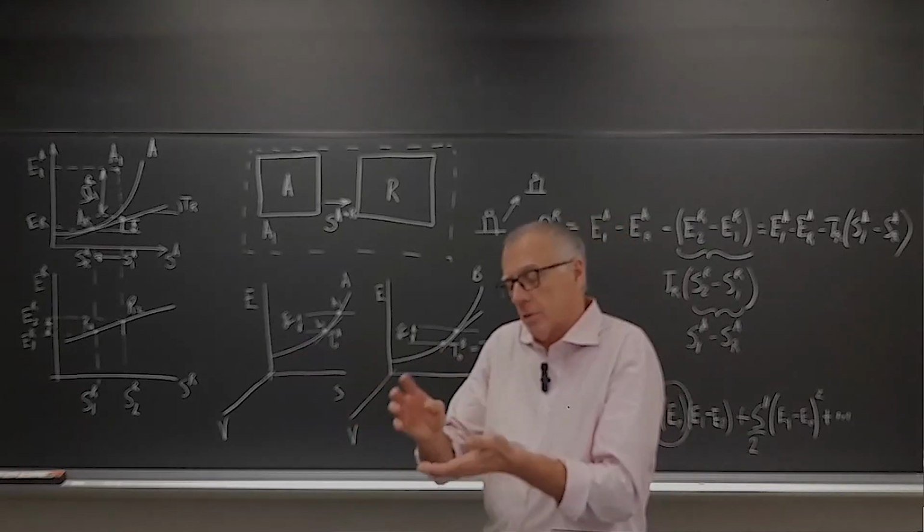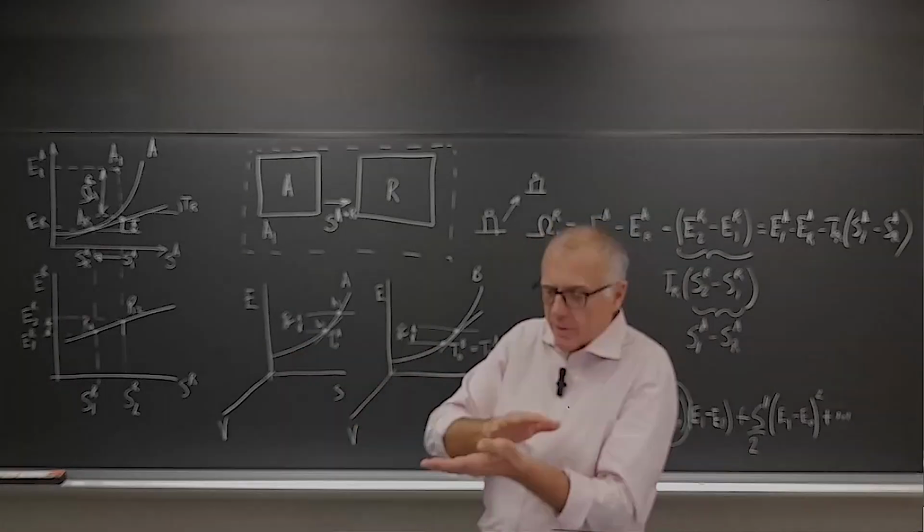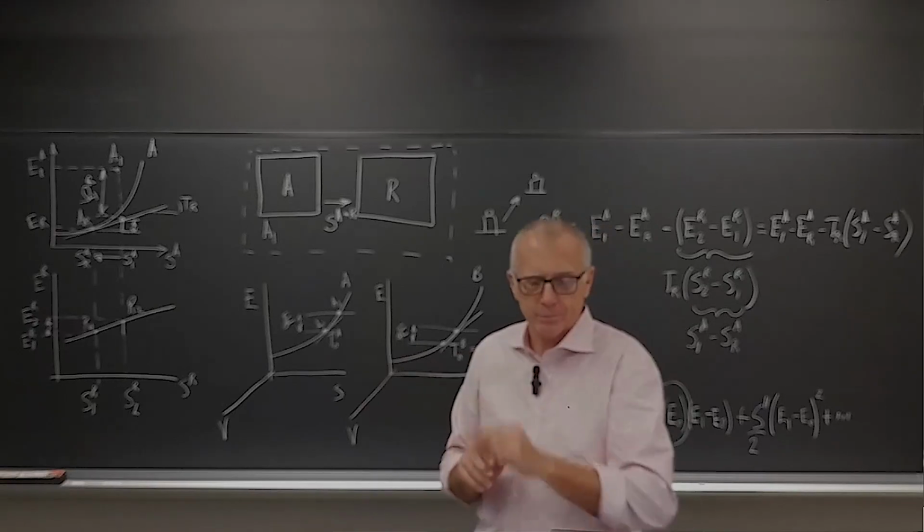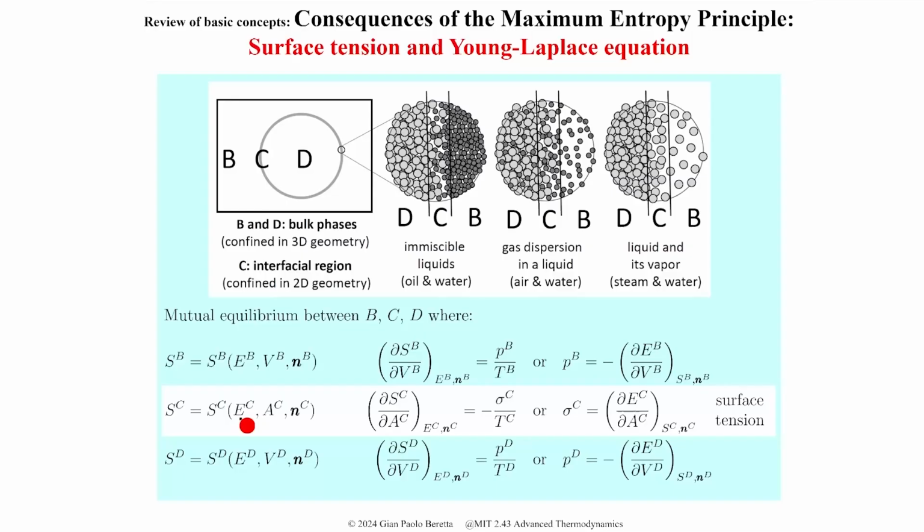Or if you want, it is still the volume, but the volume can be split into the surface area and a very thin layer. So the area of the surface becomes a parameter for that system, which plays a parallel role to that played by volume for bulk systems.